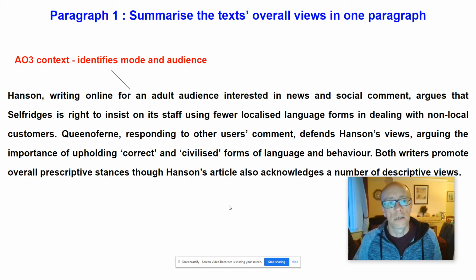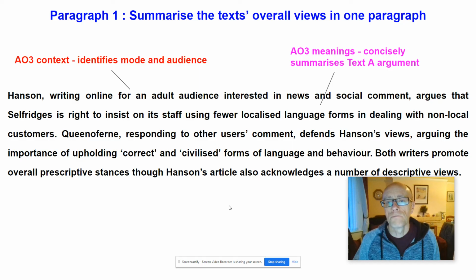So it's immediately throwing in an AO3 comment. In this first sentence, all the bit that goes after "argues that" is concisely, very nicely summarising the text A argument in only a few words. It doesn't go around the houses and spend sentences and sentences doing it. It just does it neatly in one sentence. You need to try and do that.